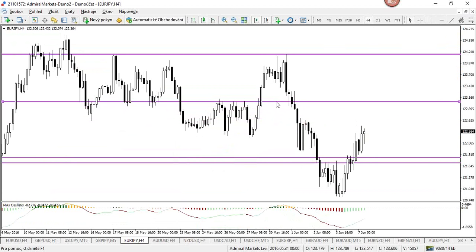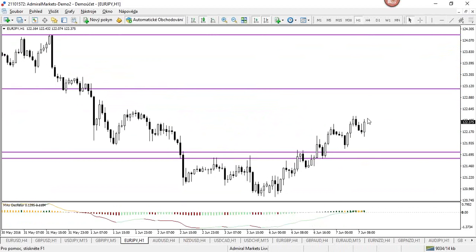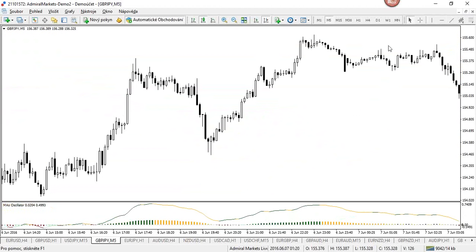That's a bit difficult. This entire thing is moving up, but it's not as fast as perhaps we would like to see it. 122.50 could be a bit annoying. I'm not sure about this. Let's take a look at pound yen.